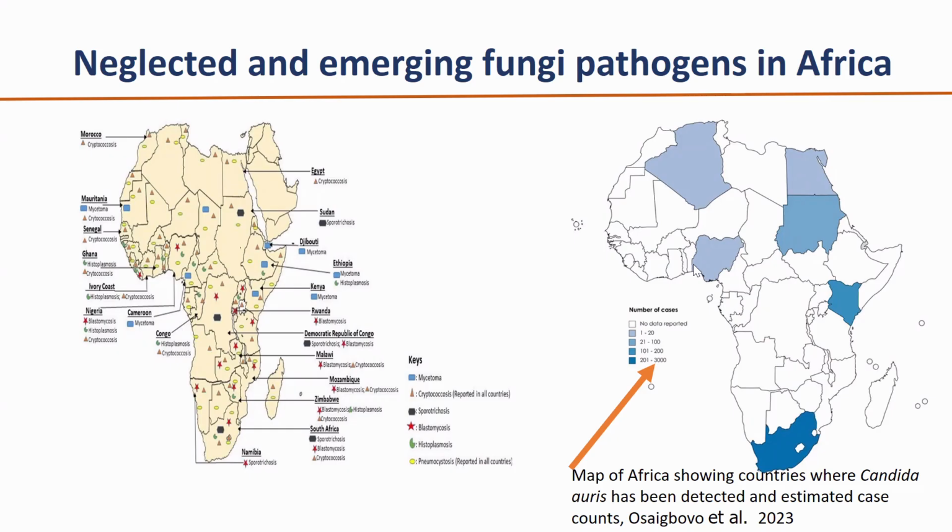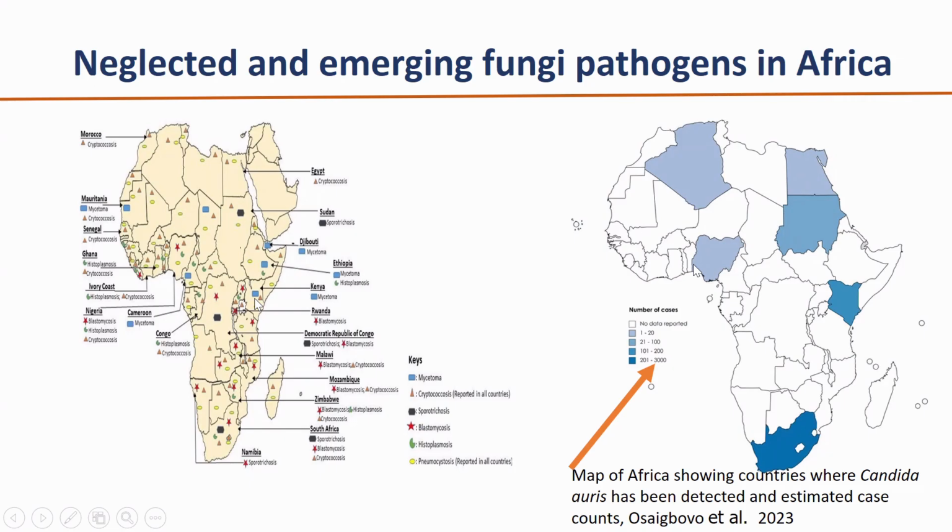So on top of the common fungal infections like cryptococcosis, vaginal candidiasis, and oral candidiasis, in Africa we also have emerging and neglected fungal infections like mycetoma, which has been reported from Mauritania all the way in the mycetoma belt up to Ethiopia here, up to Kenya, our neighbor there in Kenya.